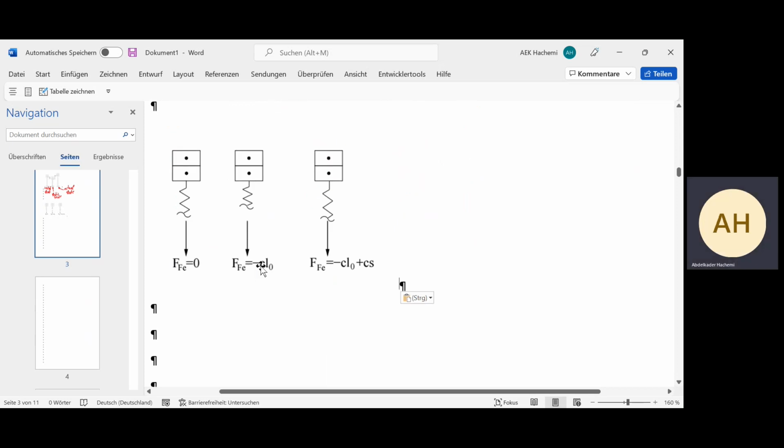In this case, as it's compressed, we have the spring force, which is the spring coefficient C multiplied by L0, the new position of the spring.